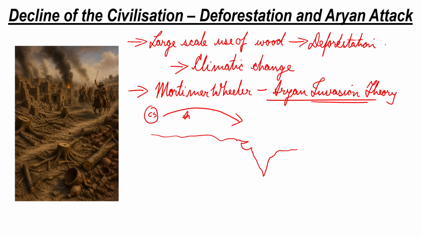Who came? Aryans. And when Aryans came, that time here there was Indus Valley Civilization. So they had a fight with the people of Indus Valley Civilization, and that is how the Indus Valley Civilization ceased to exist. So this was Aryan invasion theory.